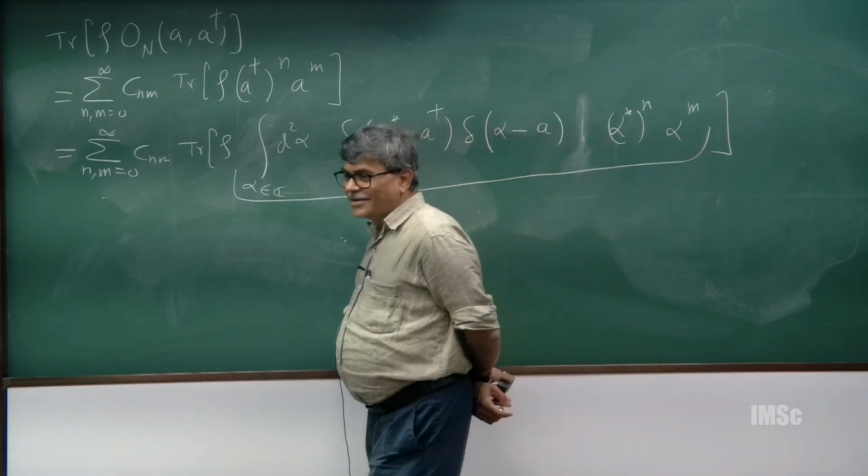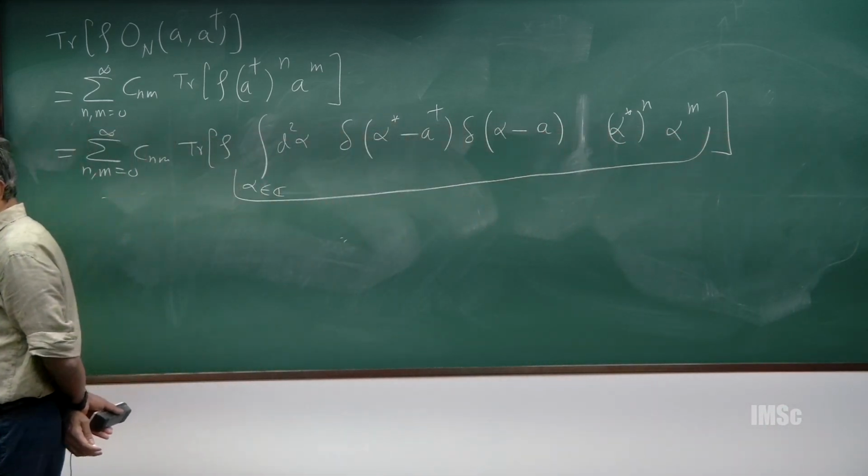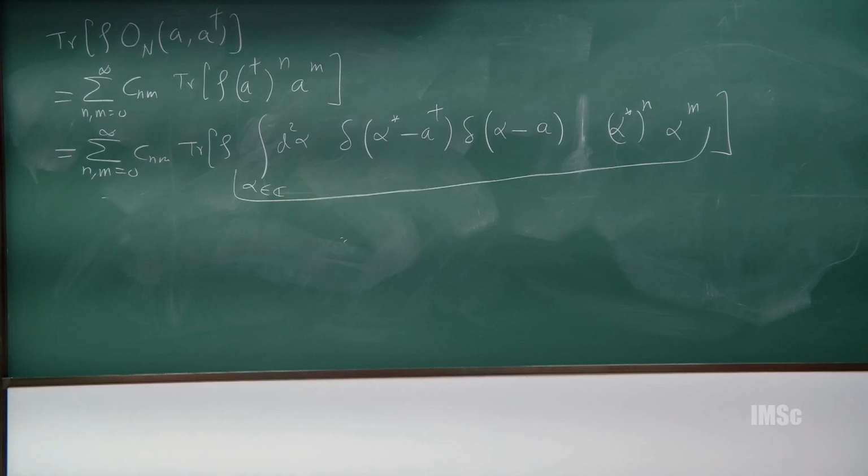Why? You know, what are the eigenvalues of A? These are complex numbers, right. So, when I talk about values, A can take alpha, A dagger can take alpha star. Can rho be inside the integral?